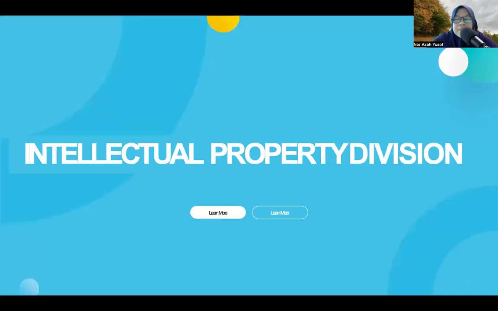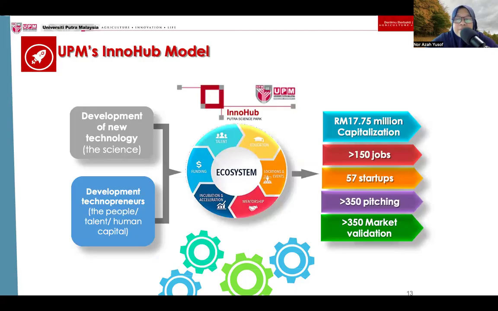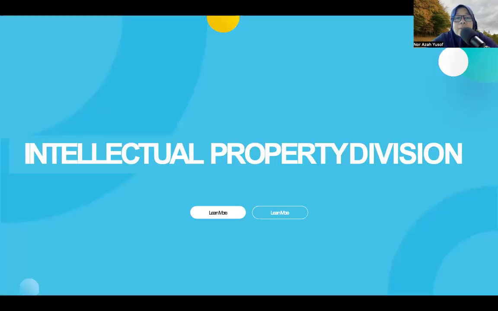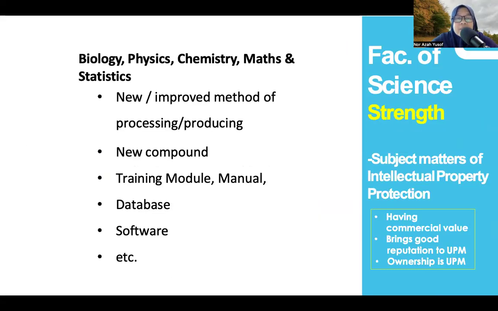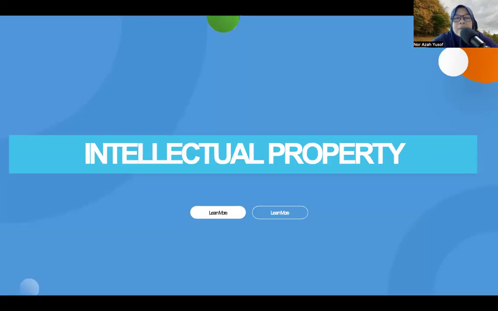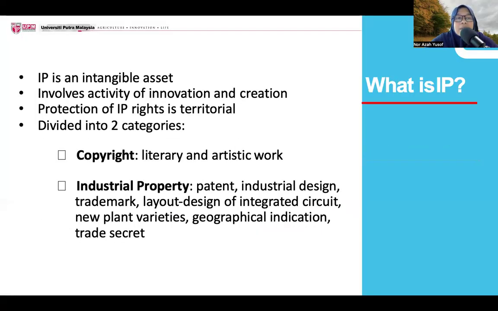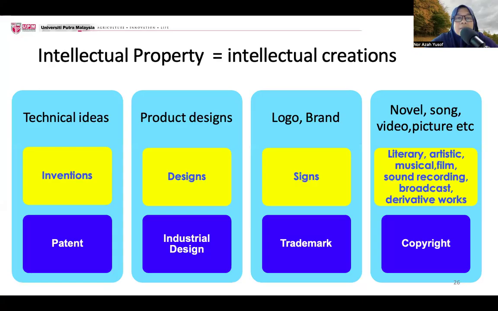All right, this is just the achievement from Putra Science Park, but this one is outdated. There's of course a new one. Okay, so let us get to know what are the IPs that you can apply.